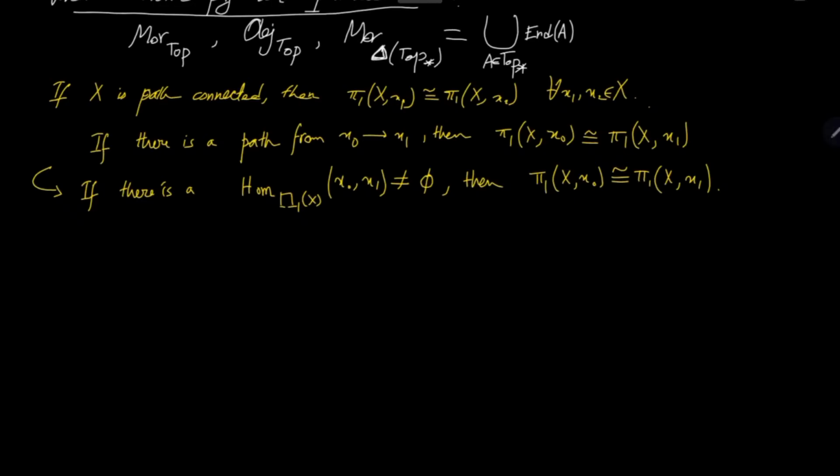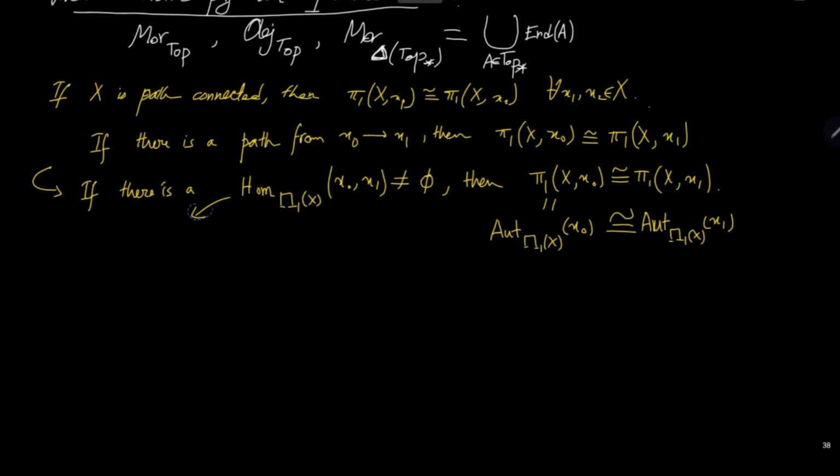Now check this out. What is pi 1? It is the automorphism group in the fundamental groupoid pi 1 X of this point x0, and similarly this is the automorphism group inside the fundamental groupoid of this x1, and we say these two are isomorphic. And what does this say?